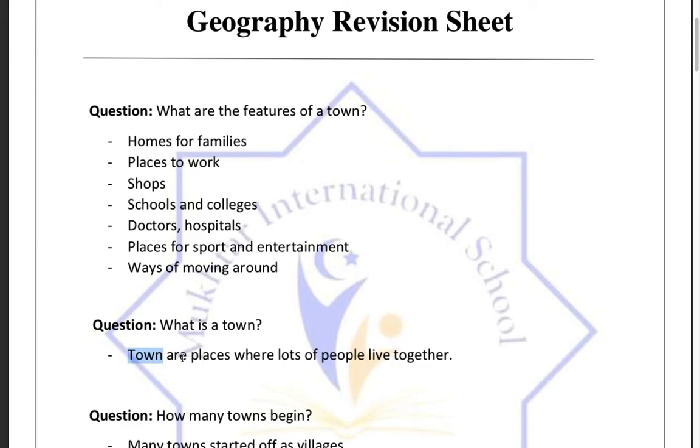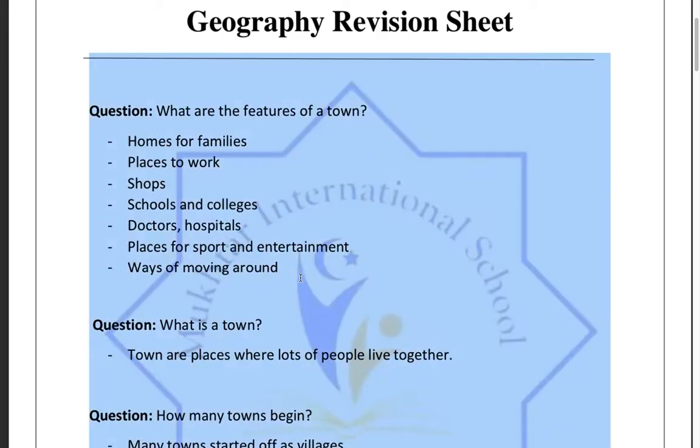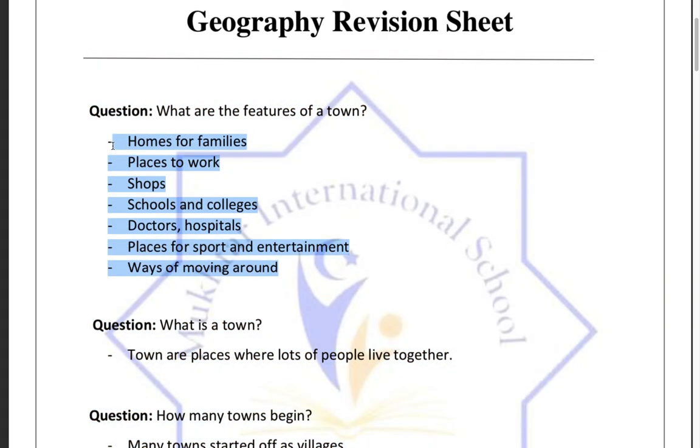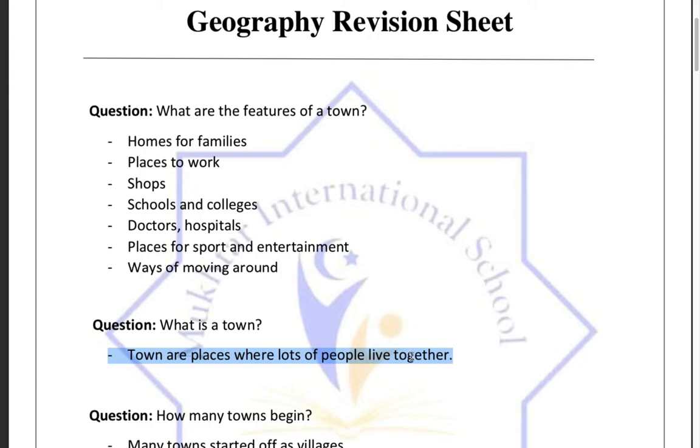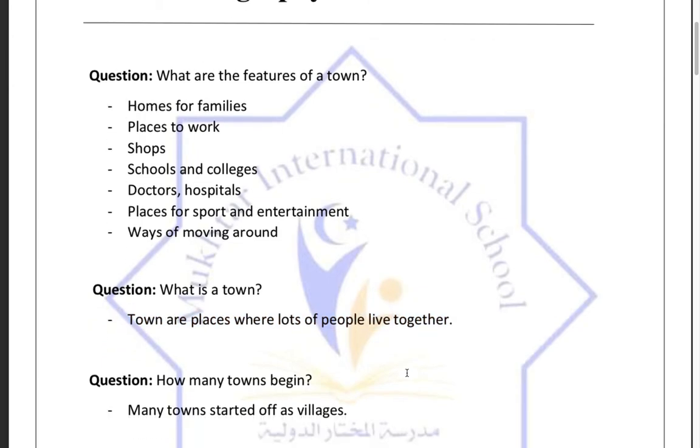Towns are places where lots of people live together. So any big settlement, any large settlement with the previous features over here, if there was a huge settlement of people living together and they have these features in question number 1, you can call it a town.